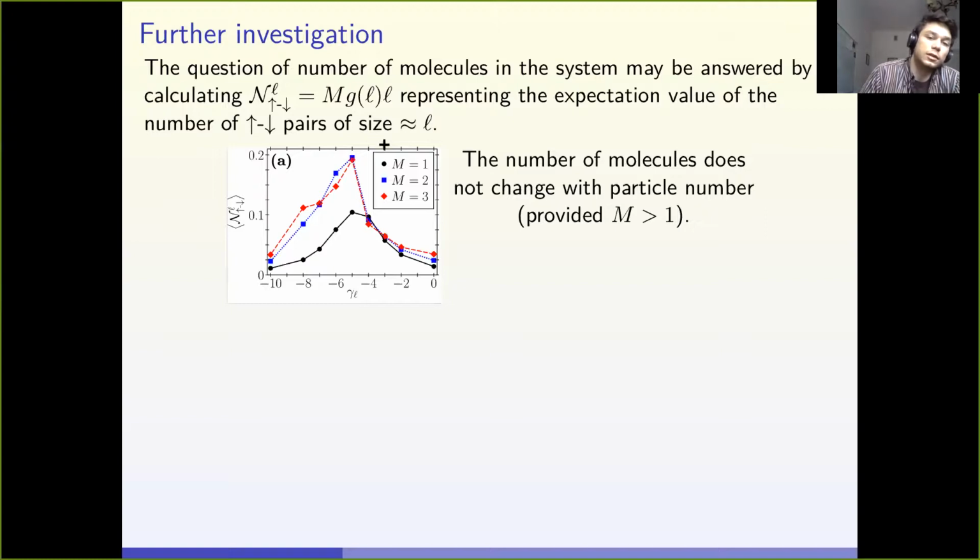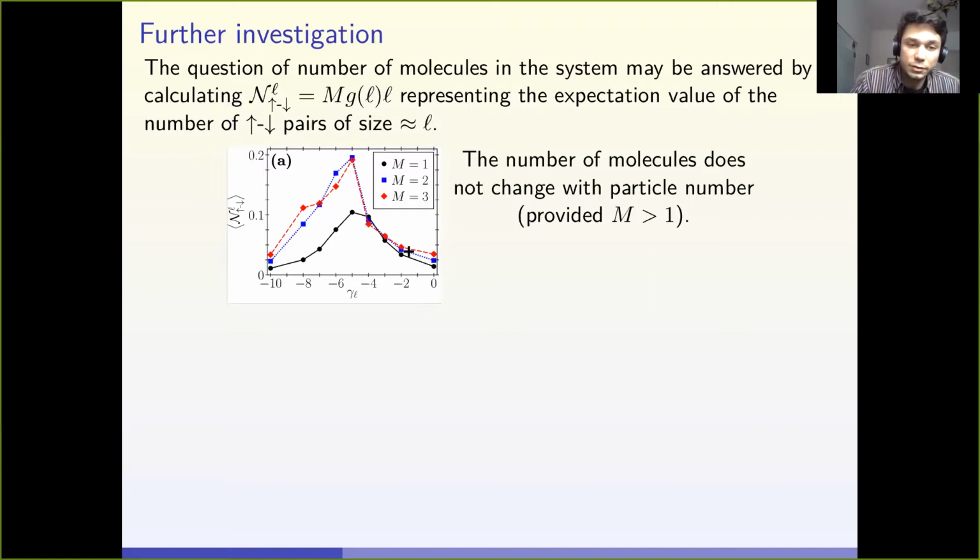And this, of course, is a function of time. We may average it over, let's say, 5 periods of the trap. And here are presented the results for 3 cases, m equal to 1, m equal to 2, and m equal to 3. What you see is that for the case when you do not have this attraction, we have almost 0 molecules.